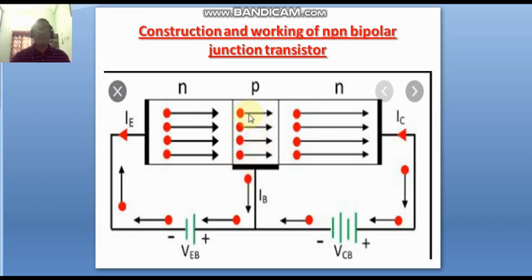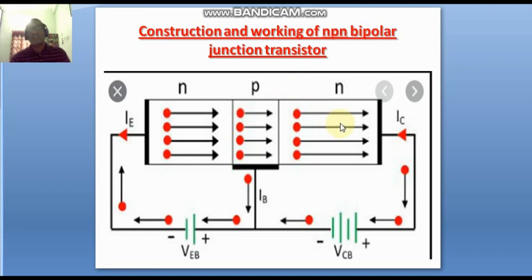and the remaining charge carriers constitute a current IB. These majority carriers emitted by the emitter are collected by the collector in the N region. So in the N region, electrons are the majority charge carriers and the holes are the minority charge carriers.